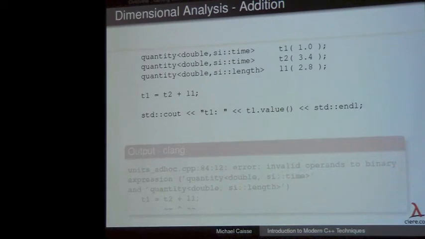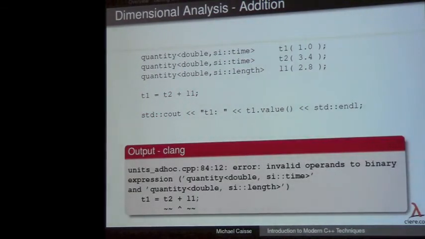All right, let's do it. So we have a time, t1, and a t2, and we have a length 1. And then I've taken t2 plus length 1, and I've assigned it to t1. And Clang tells me that this isn't going to work. Invalid operands to binary expression.